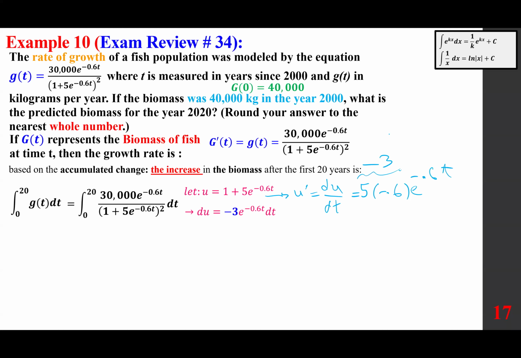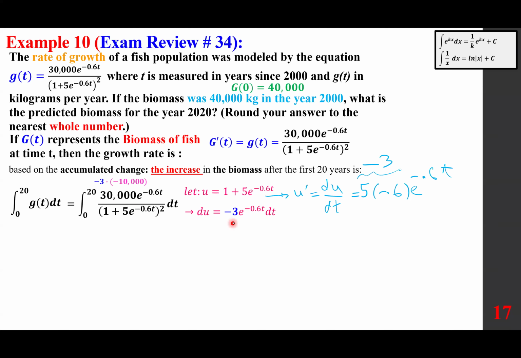Now, as we look at the given, we notice the bottom is u squared, the top is, well, we are looking for negative 3 and we don't have it. Well, two choices. Take the 30,000 out and then say, okay, multiply by negative 3, divide by negative 3. Or notice we can divide 30,000 by negative 3.